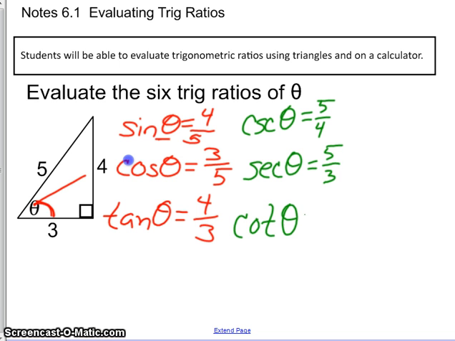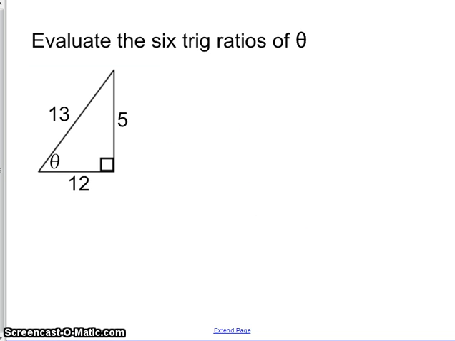Cotangent is the reciprocal of tangent, that's 3/4. All right, so this problem is just like the previous one. I'd like for you to try that by yourself before you look at my answers. All right, so pause the video, do the problem.